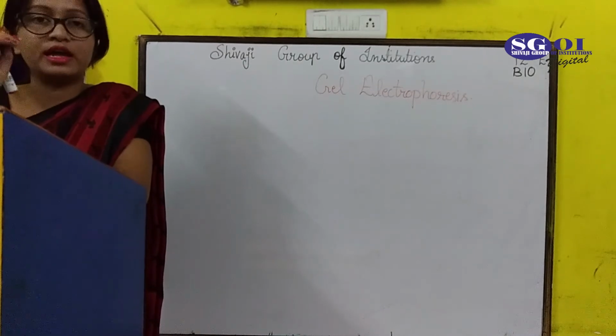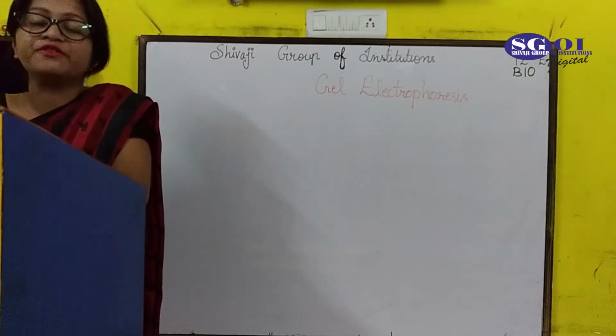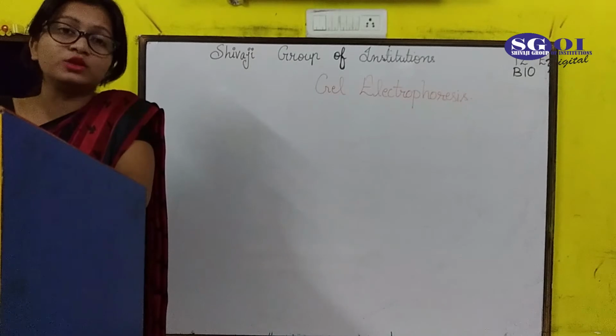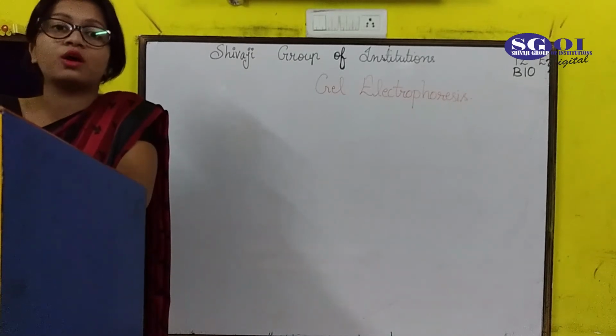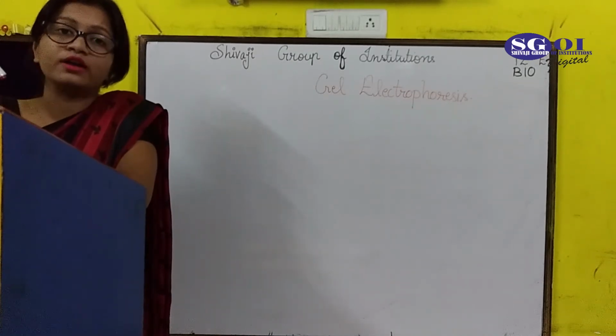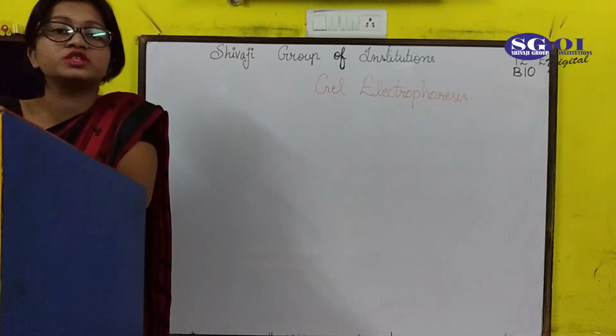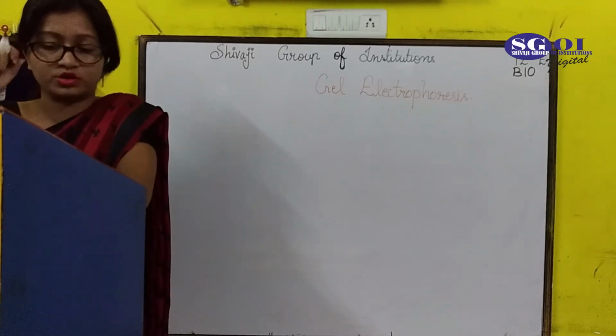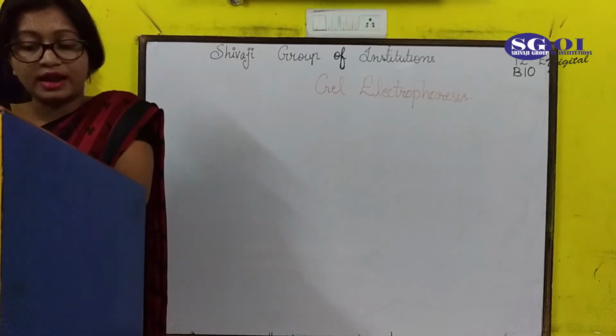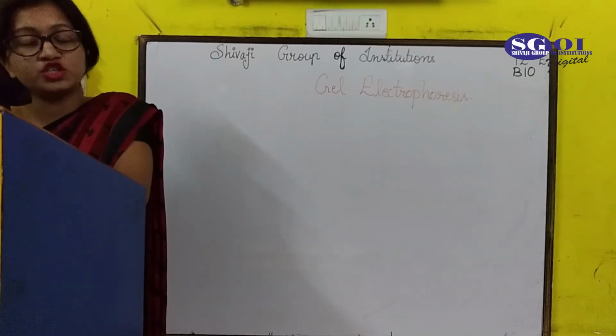That means with the help of different enzymes, the DNA is cut and forms DNA fragments which are used further in the process of biotechnology. It is a technique for the separation of charged molecules.